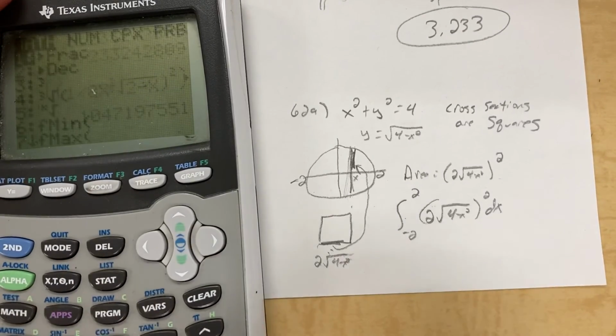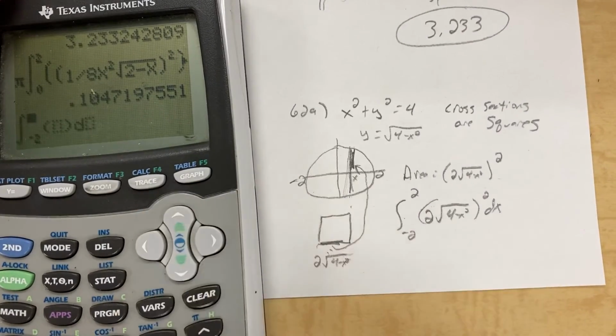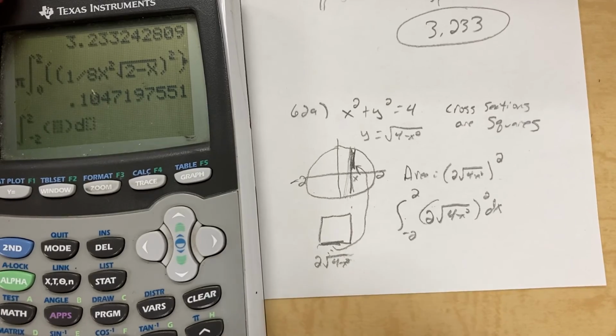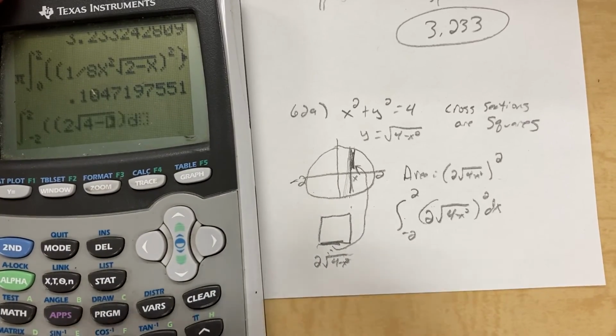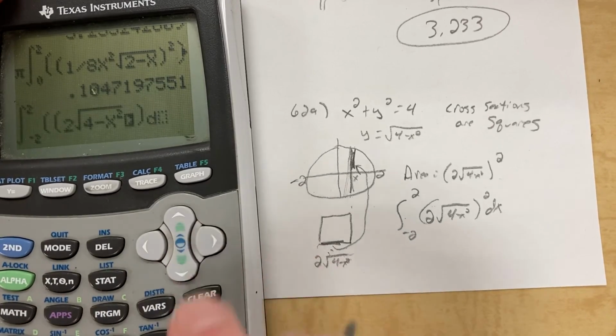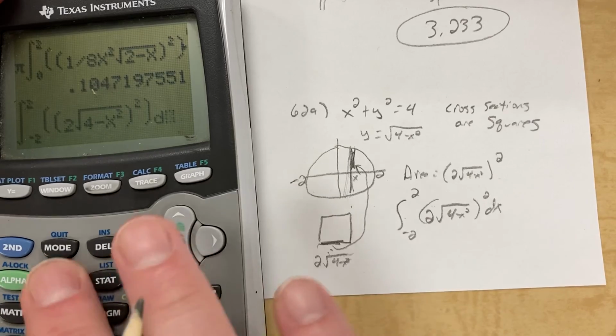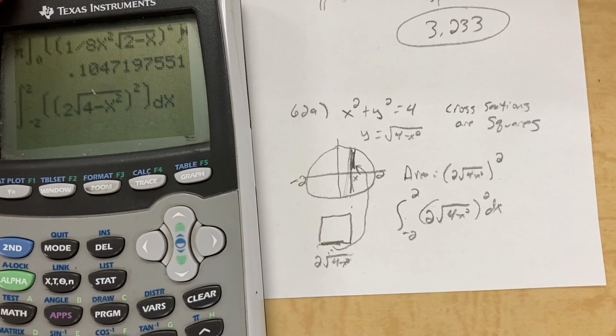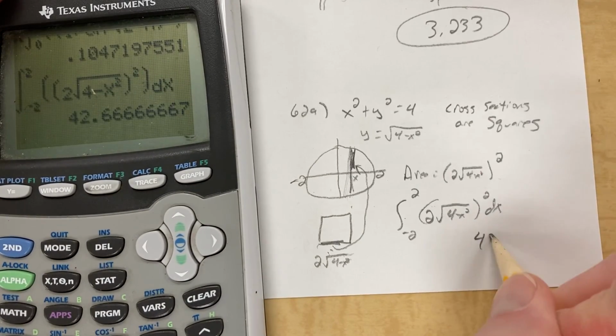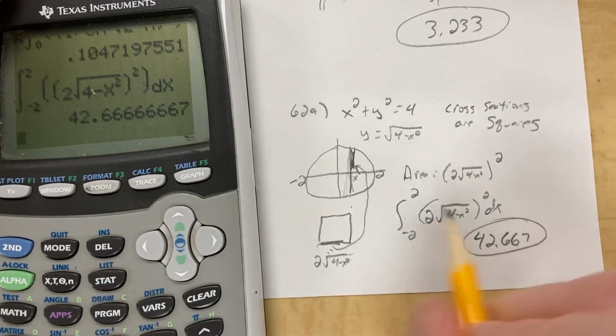It's just simply from -2 to 2, this value, 2 square root of 4 minus x squared squared. We could do some simplifying if we wanted to, but this will get the job done. We should get 42.667 as our answer there.